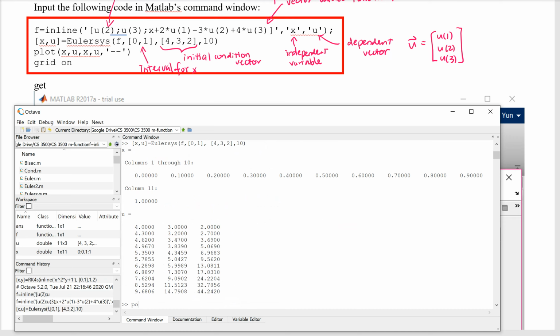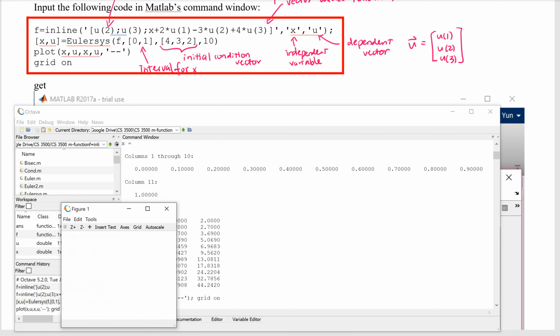Now we can plot those points. So we do plot x comma u. Okay, here we are.